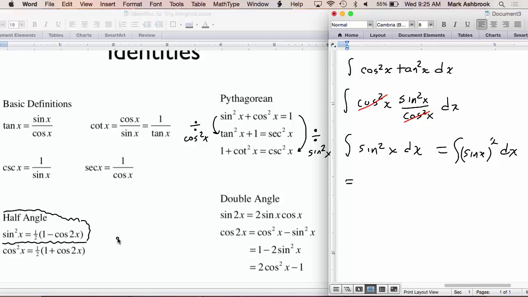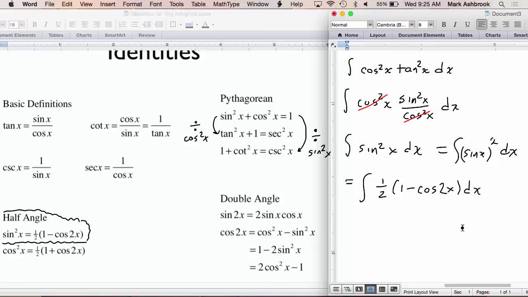This may be the one we see the most all semester. If you have just sine squared or just cosine squared, it's a matter of using the half angle formula, and then we're home free. So sine squared is 1/2 times 1 minus cosine 2x. And that's easy to finish.